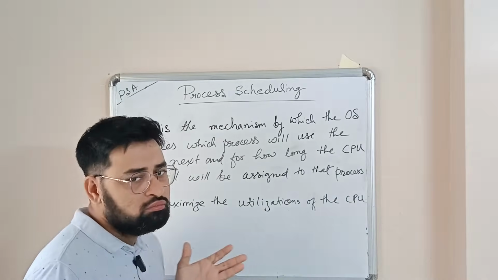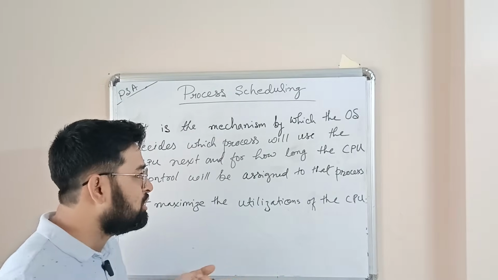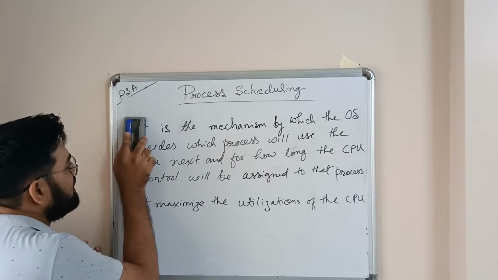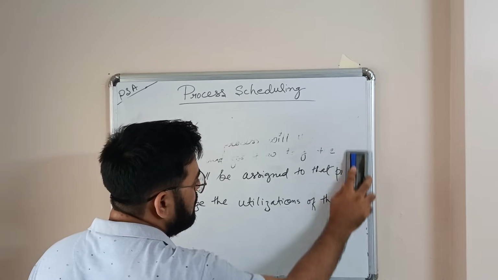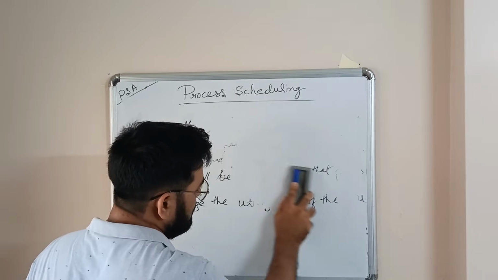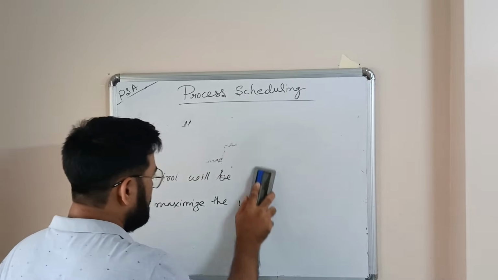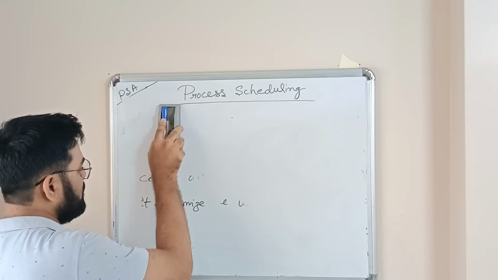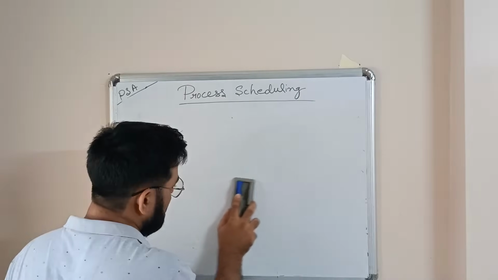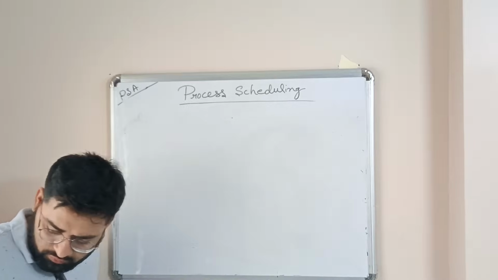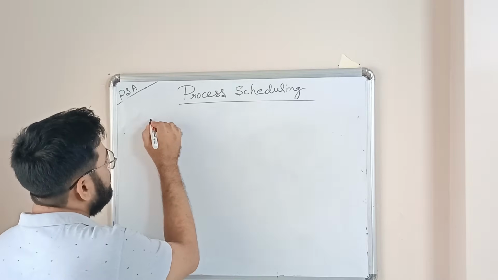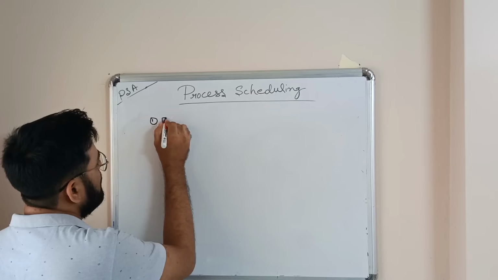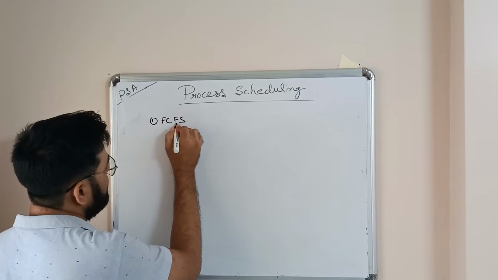Now moving on, process scheduling gives you various techniques to handle such issues when the CPU tries to execute programs. The first type of algorithm is FCFS.